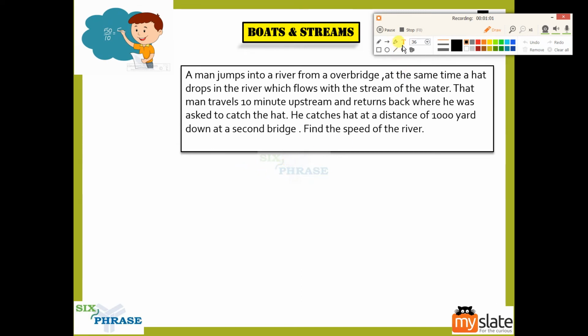So this is B1, meaning bridge one. This is bridge one, and this is where a man jumps into the river. Okay, so this is the river that we are talking about. So for the river, what I can do is I can do this.